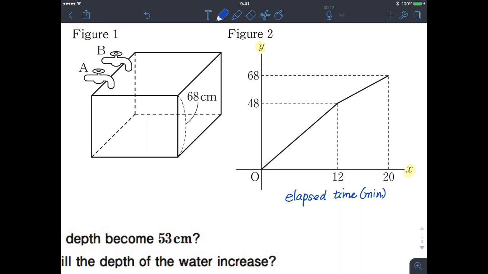Elapsed time means the amount of time that passes since something has happened, and in this case, it's since the filling of the tank begins. And y is the depth of the water in the tank. So we can label that here, the depth of the water, and the units are centimeters.